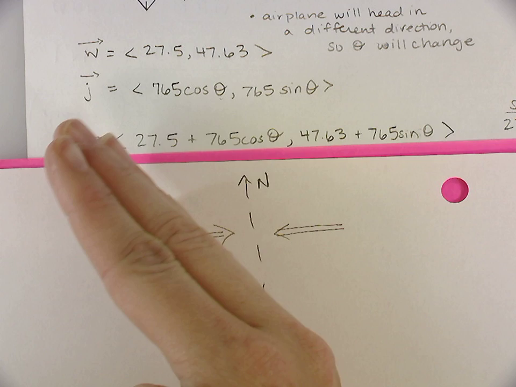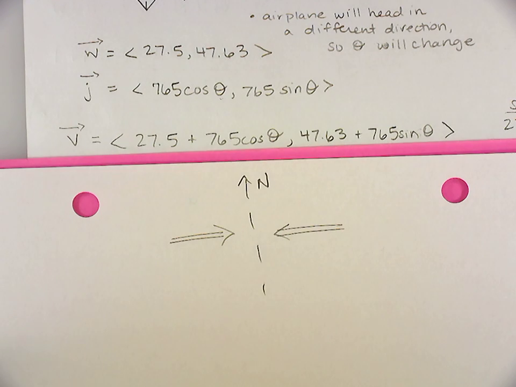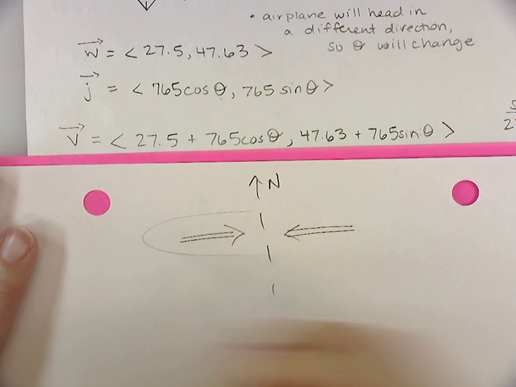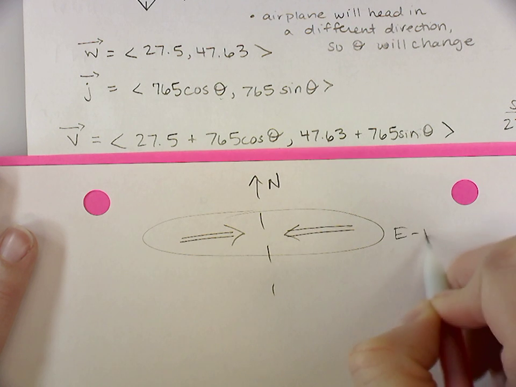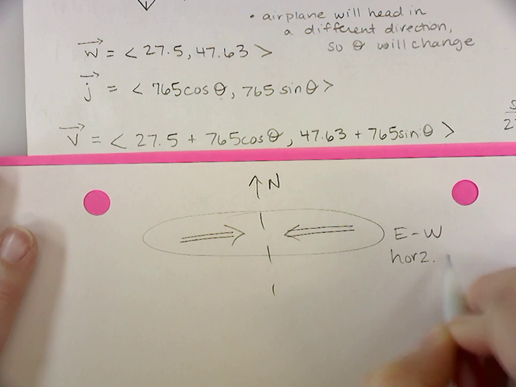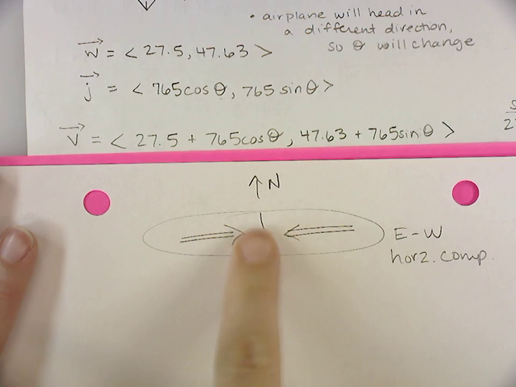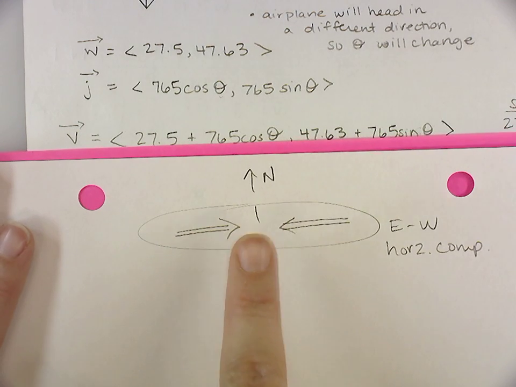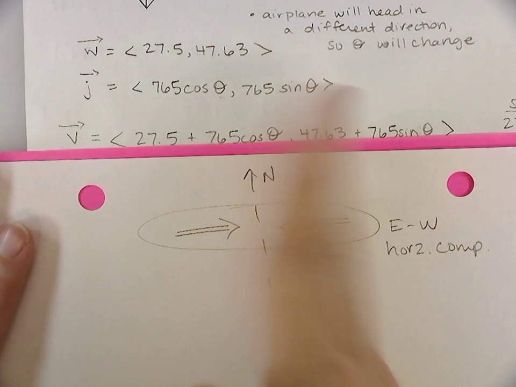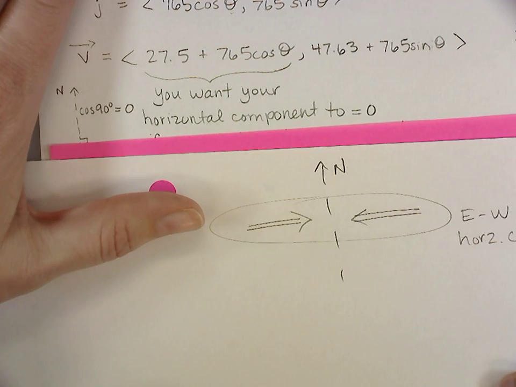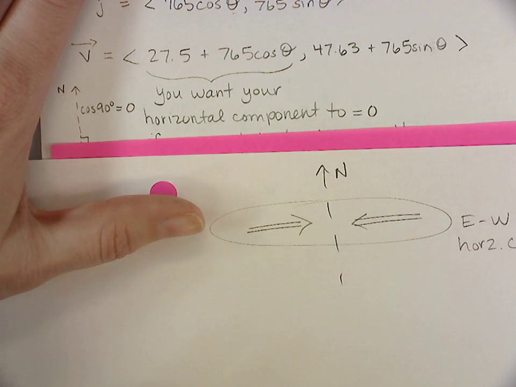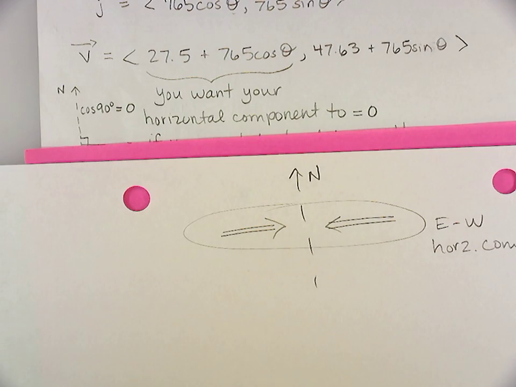If it's coming from the east, it'll push you this way. If it's coming from the west, it's going to push you the other way. So east to west is going to be the horizontal component, and we don't want any of those forces acting on the plane because it's going to sway it in a different direction. So what you want is your horizontal component to be 0.